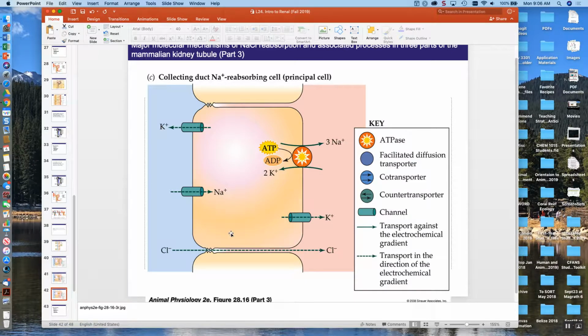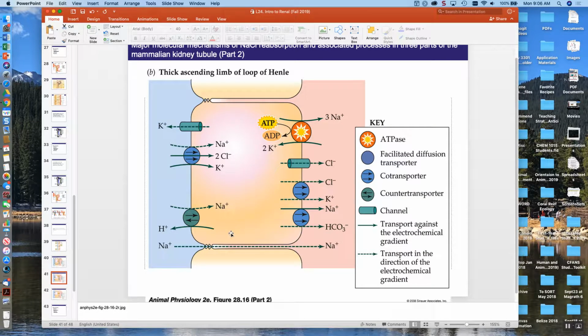Question? So can water not move out just into, like, outside of the nephron, or is it in the membrane? Yeah, so it is actually pulled out of the nephron into the interstitial fluid and then into the blood supply.